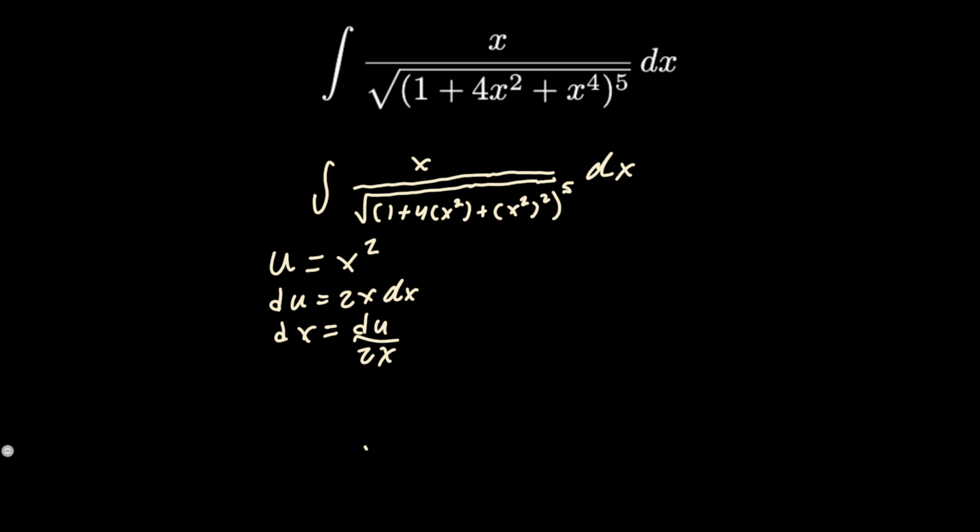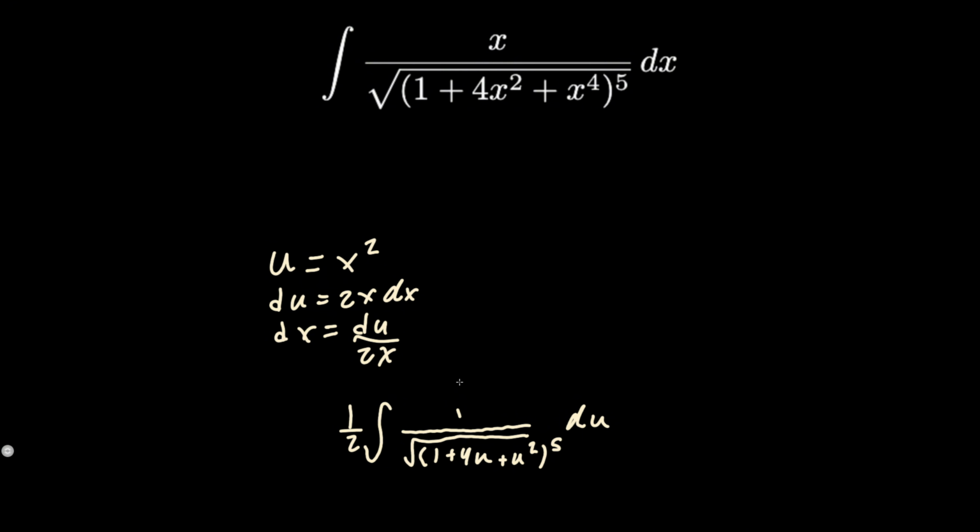This will simply become 1/2 times the integral of 1 divided by the square root of 1 plus 4u plus u squared raised to the 5 du. Let's remember that u is equal to x squared.